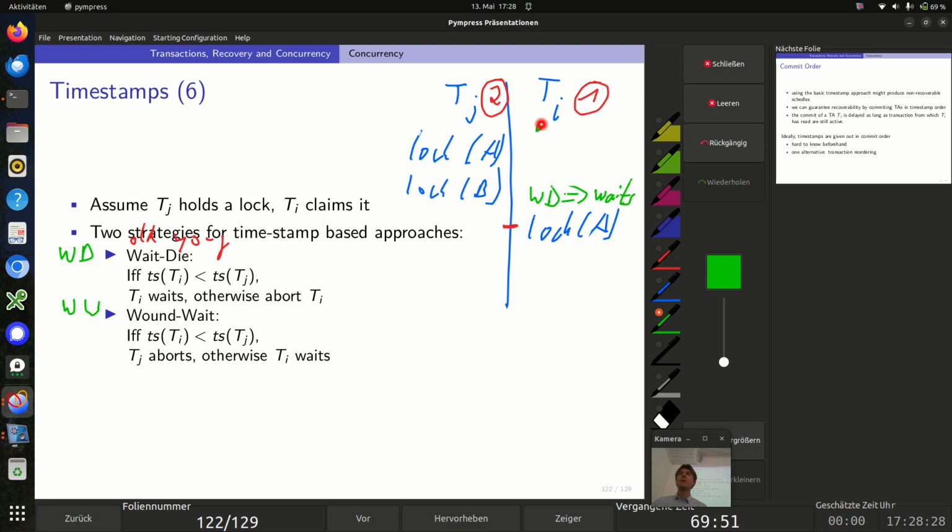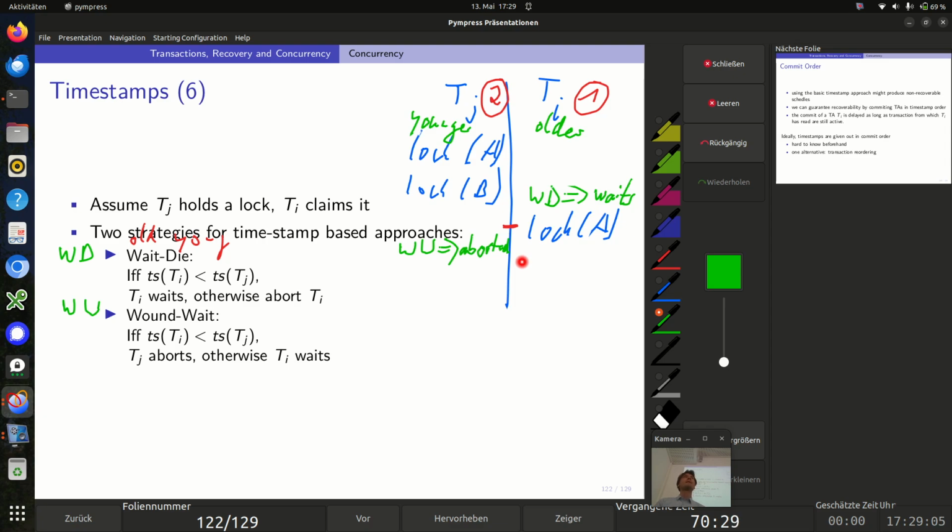This is the older one, and this is the younger one. And with WW, this one would be aborted. Understandable?